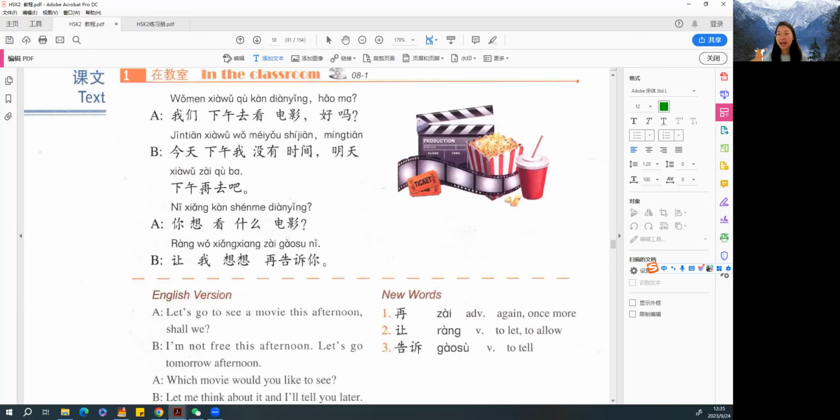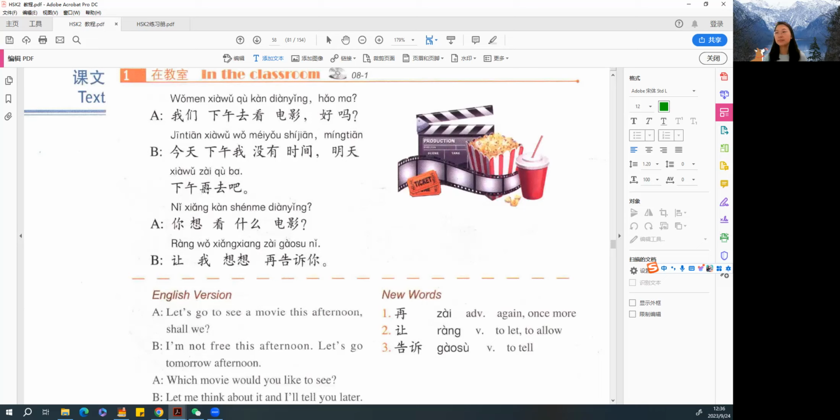But if we add 再, it means then we can do it. Today I can't do it because I don't have time, but tomorrow afternoon we can do it. So 再 can represent doing it again.